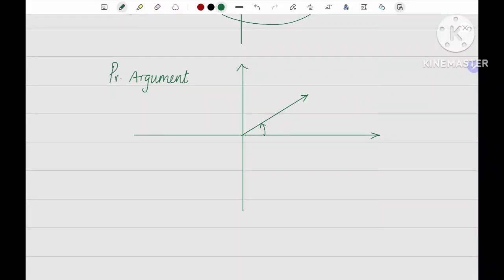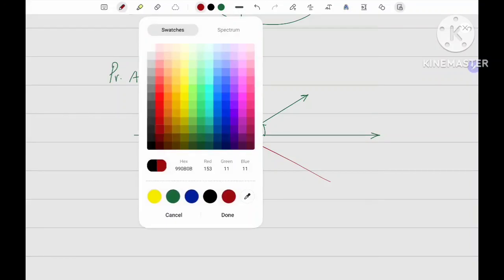Let us say the complex number is somewhere here. If the complex number is somewhere here, then I will rotate this much angle. Let us say there are 4 complex numbers.